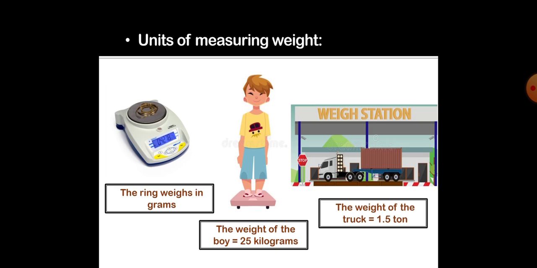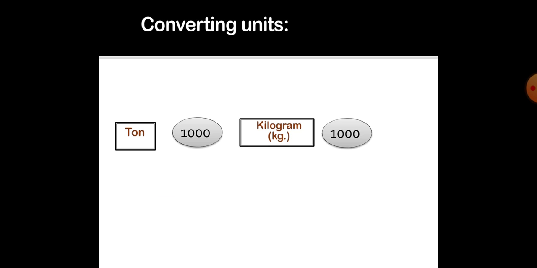For example, this truck weighs 1.5 tons. So the gram is the smallest, the kilogram is bigger than the gram, and the biggest unit of measuring weight is the ton. So how can we convert units? Let's see.